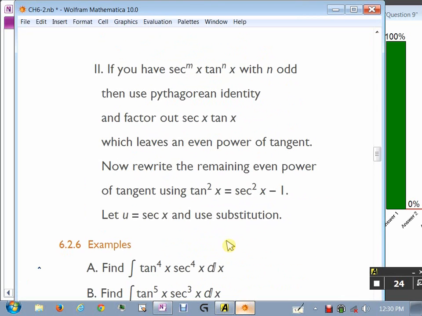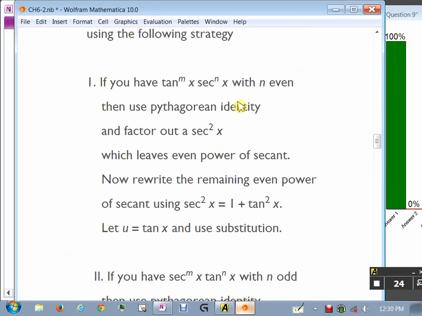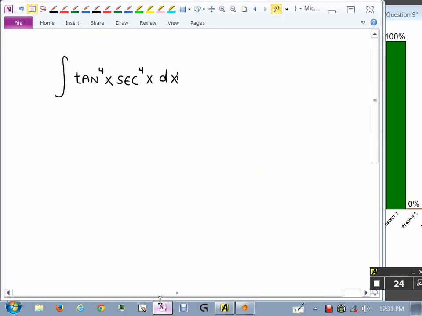Secant's even. What does it say to do? Factor out a secant squared. Then rewrite the remaining even power of secant using this formula. U will be tangent. Let's try it. I factor out a secant squared.